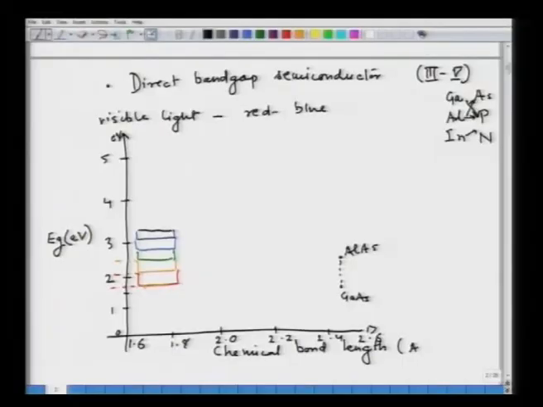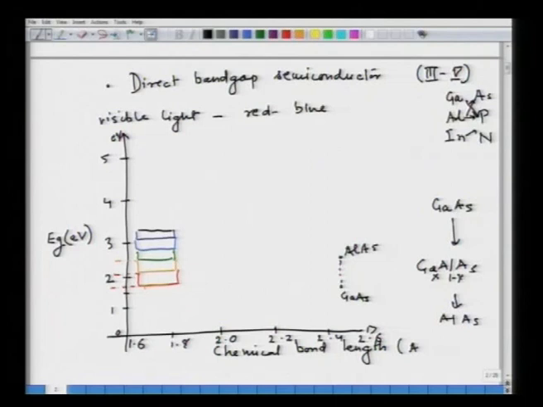and this is a very good thing from device point of view, which means I can always make a combination and make a material which is going to be gallium aluminum arsenide in a certain composition when gallium is X and aluminum is 1 minus X. So, I can go from all composition from gallium arsenide to aluminum arsenide, and X will change.